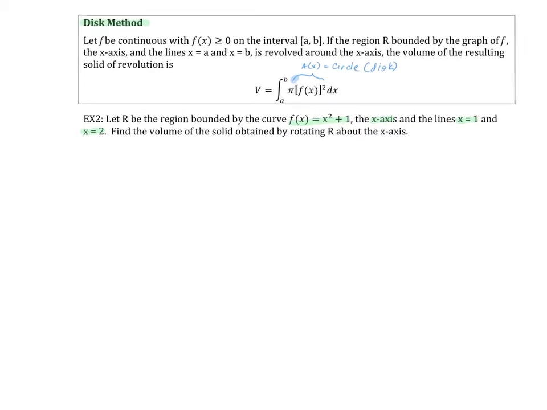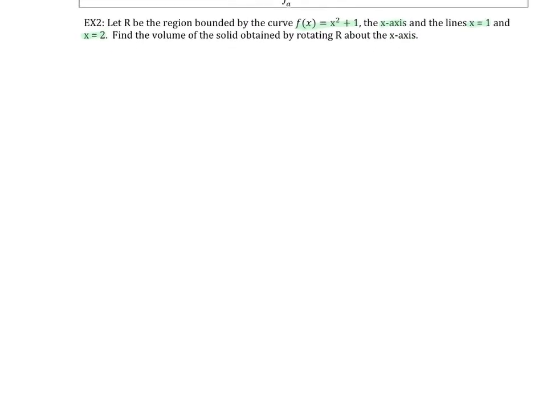So again, what I'm going to do is sketch this. Our function is x squared plus 1. But remember, we're going to bound ourselves by the x-axis, the lines x is equal to 1 and x is equal to 2.